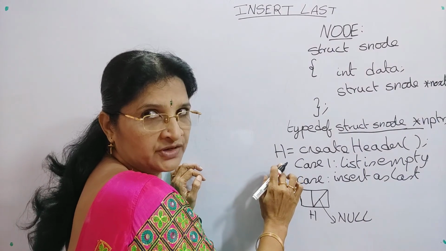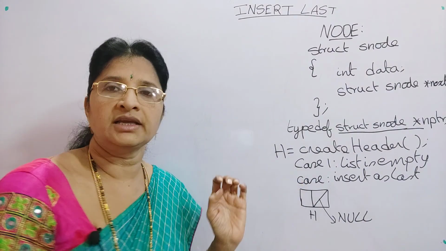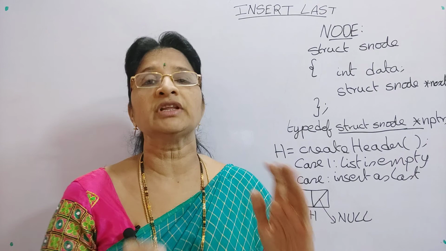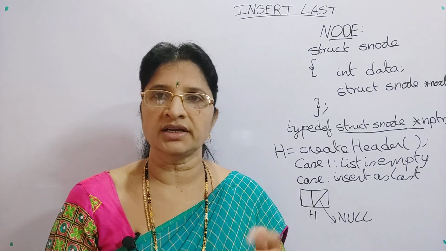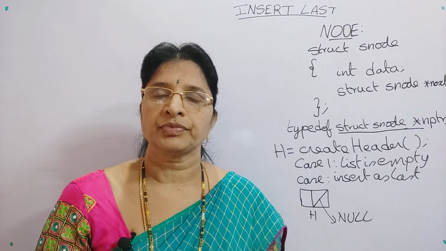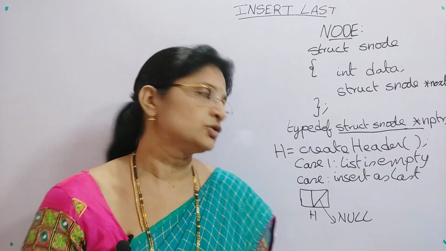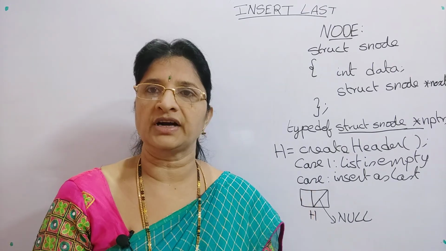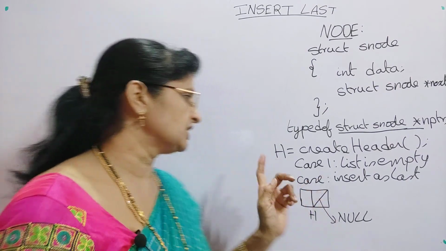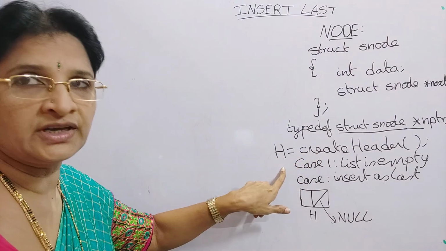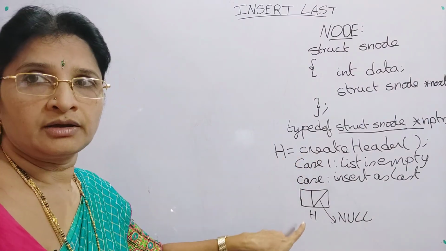In the case of linked list, we are working everything with pointers, and pointers are by default passed by reference. So whatever changes you do in the function will be reflected at the calling place also. That's why our header is fixed, which is the head of our linked list.